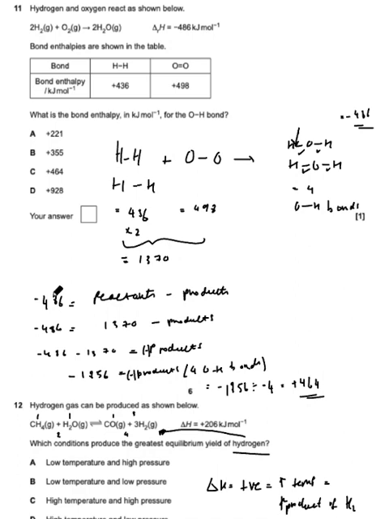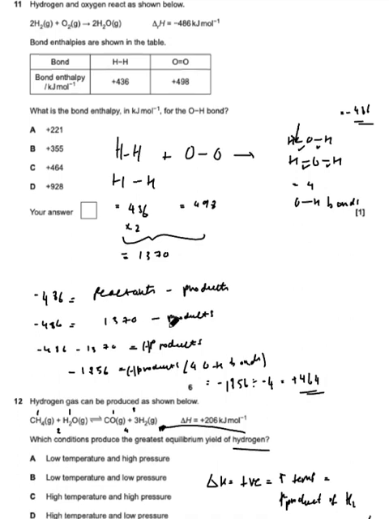So we have minus 486 equals reactants minus products. We have the reactants, it's 1370, so we substitute it in, so we get minus 486 equals 1370 minus the products.